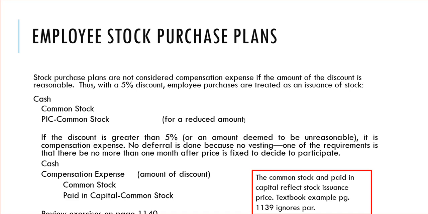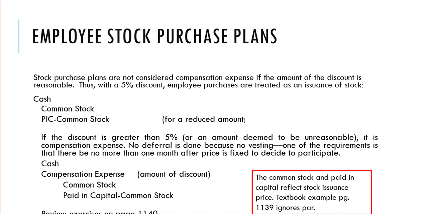So if you get a 5% discount, the GAAP rule is to not even call it compensation expense. Just record it as paid in capital for a reduced amount. It's not going to be market price minus par. It's going to be market price minus par times the number of shares minus the discount, whatever discount they're given.